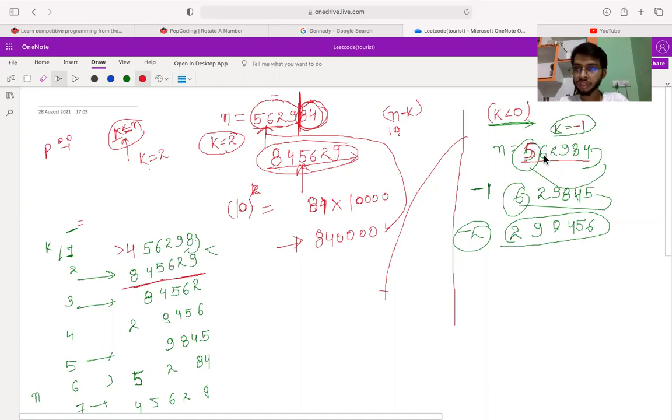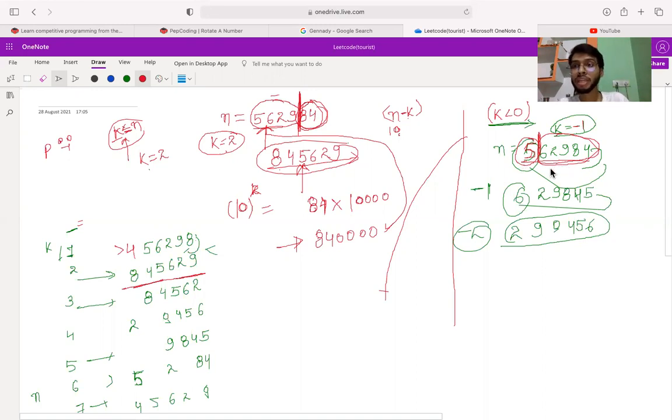Instead of saying I am left shifting the value, I am saying I am adding this value at the end. Can I say I am adding this whole 5 6 2 9 8 4 in the front?